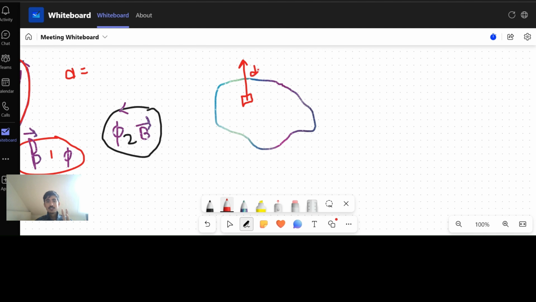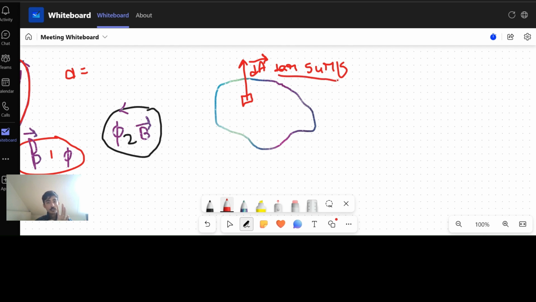Please see this: this area is always in the direction perpendicular to the surface.